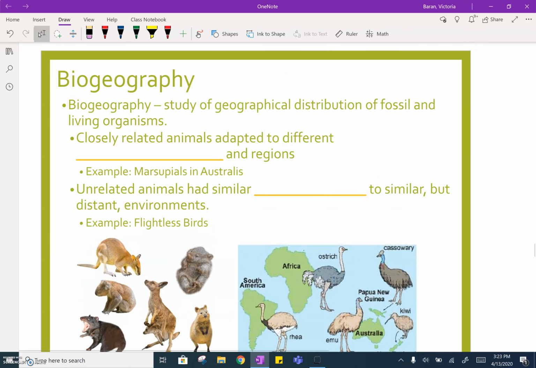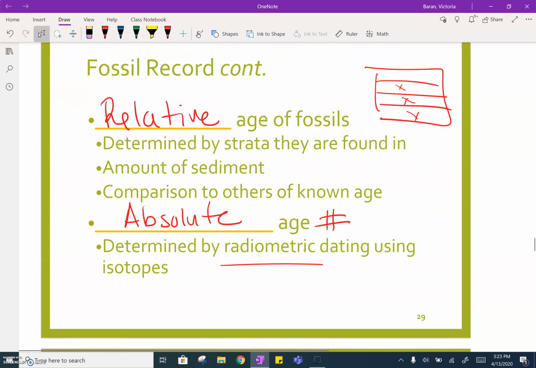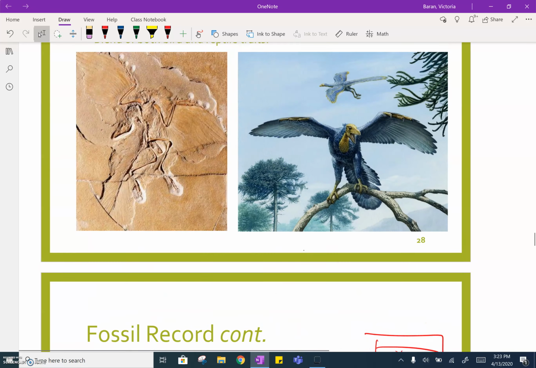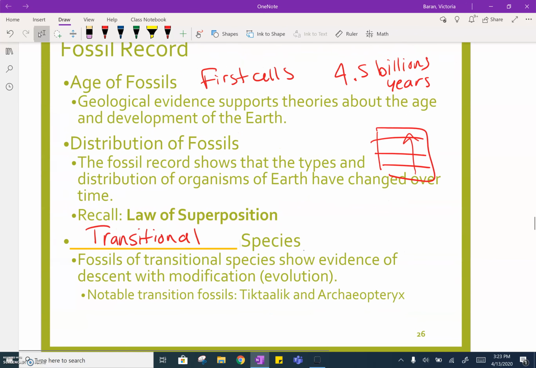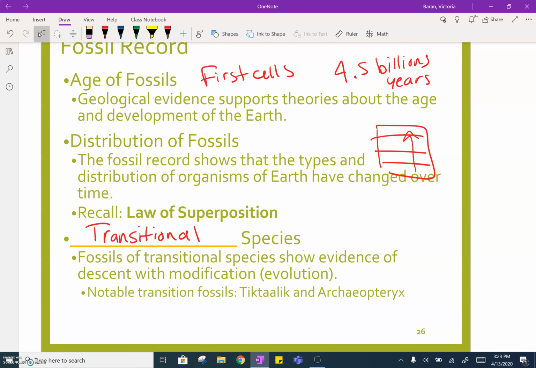So that was the first piece of evidence, is these fossils here. Probably the biggest point to take away from this is that we can really see how organisms, according to the fossil that was left behind, how it has changed over time in order to support evolution. These transitional species being some of the biggest things as far as supporting evolution.